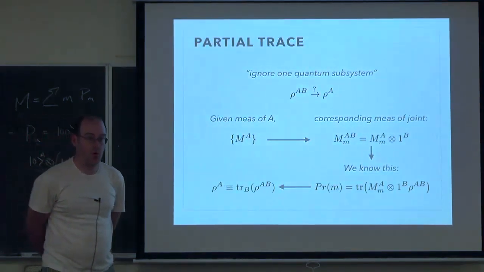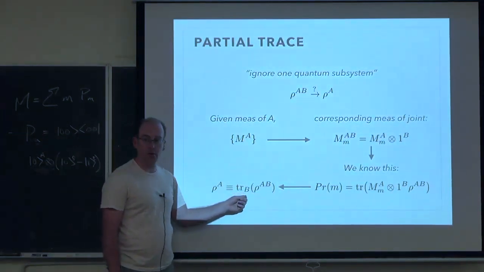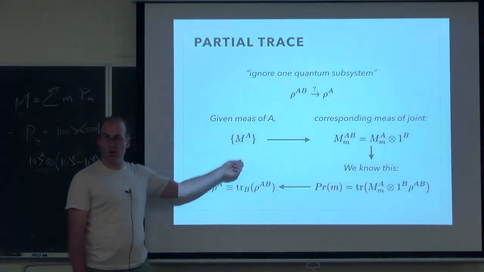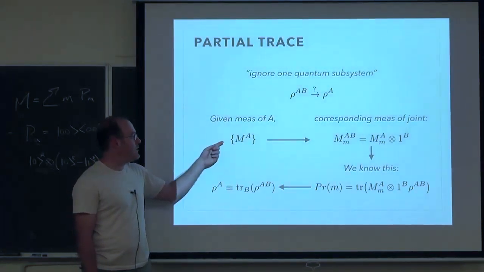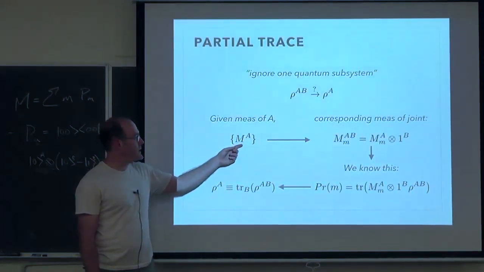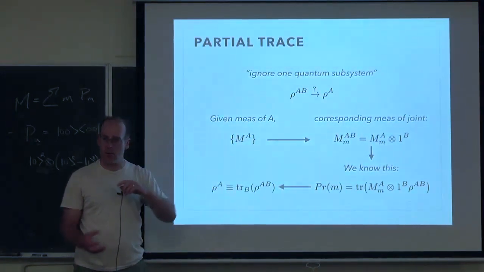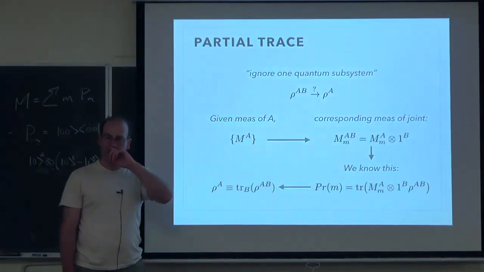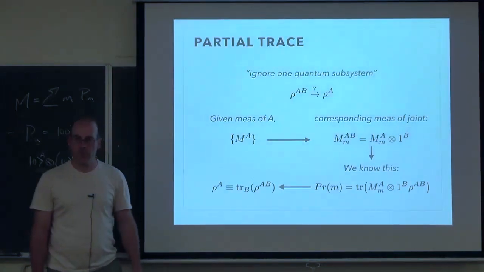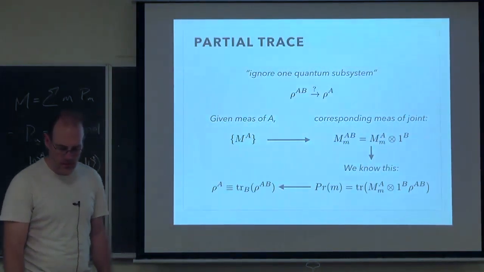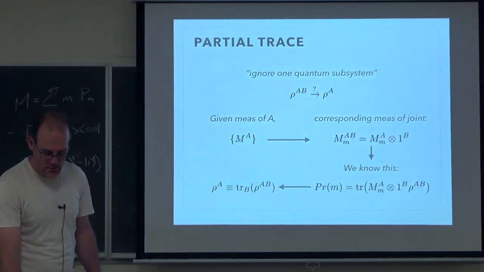It's true that this trace operation is independent of the choice of measurements. Whether or not you can go through this proof with any set of measurement operators to force it, I'm not quite sure. I think you just need them to be complete. Does that answer your question? Yeah. Okay.